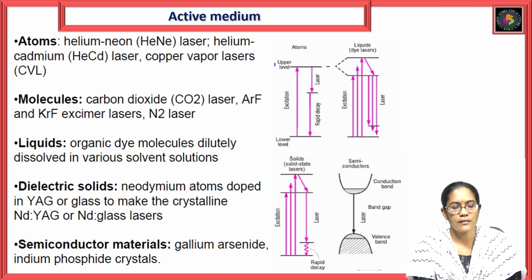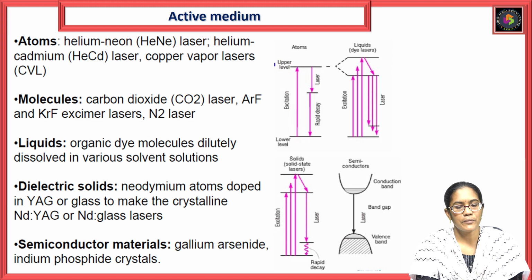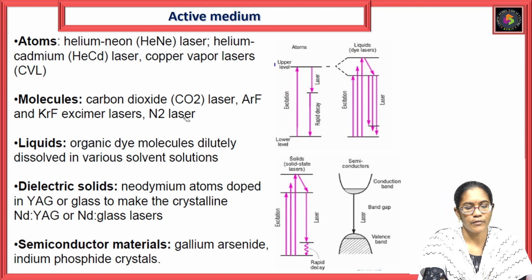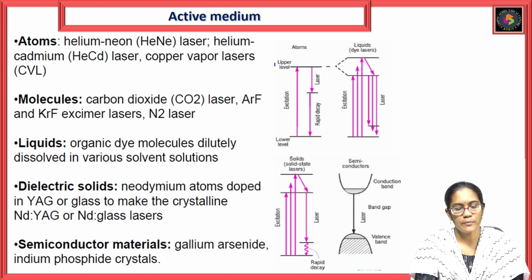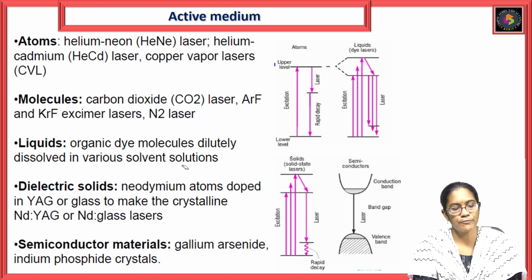If we consider the carbon dioxide laser, which is a gas laser, the active medium is available in molecular form. In dye lasers, the active medium is in liquid form.